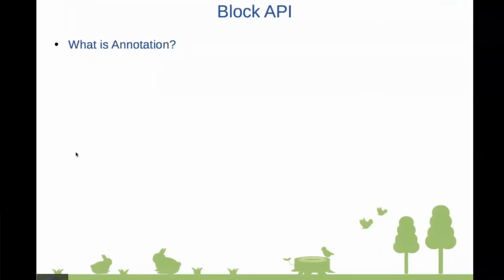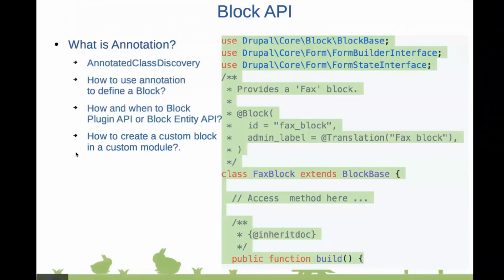Okay, the Block API. Here's the annotation I'm talking about. I will show you the code. Okay, here is the part. What's the annotation? This part, not this part, the whole part. It looks like comments, but no, it's called annotation. So you define your block here, like in Drupal 7, you define the ID and so on.